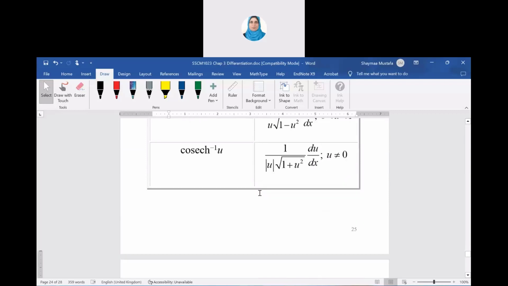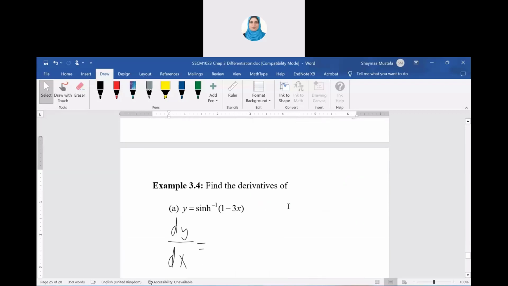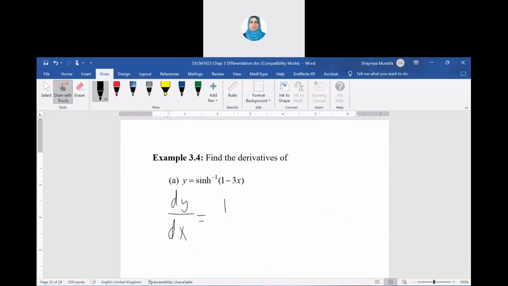This is the rule, so you need to apply it. I don't have x squared, I have 1 minus 3x, so 1 over square root of (1 minus 3x) squared plus 1.